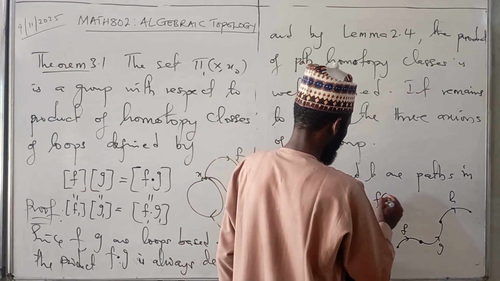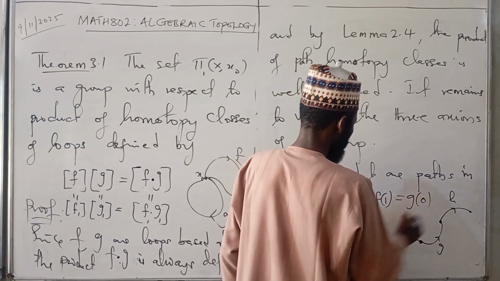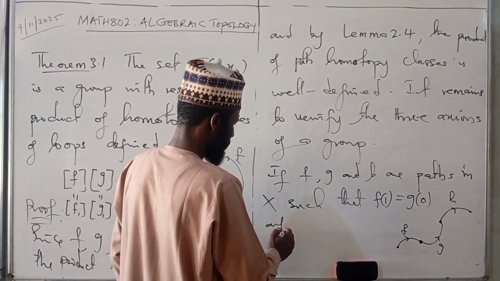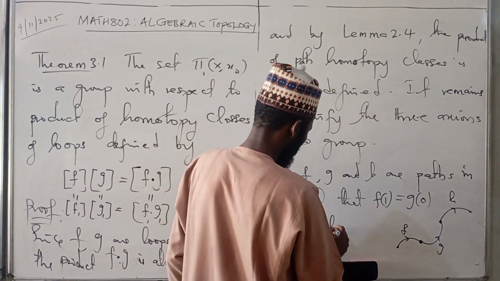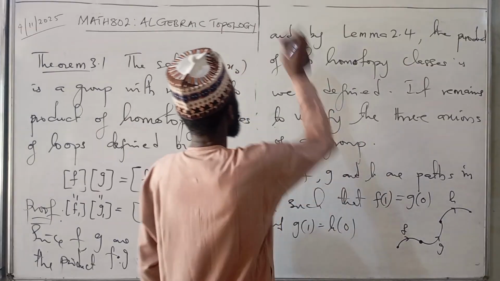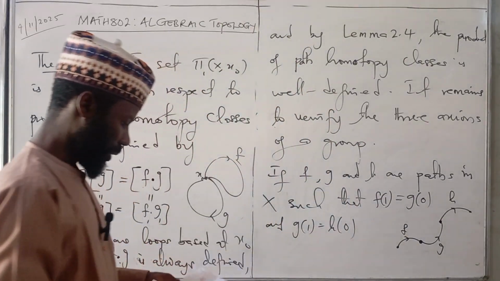Okay? So if these are three paths in the space X such that, well, what I mentioned here, F1 equal to G0 and G1 is equal to what? H0, meaning the product is defined. Okay?